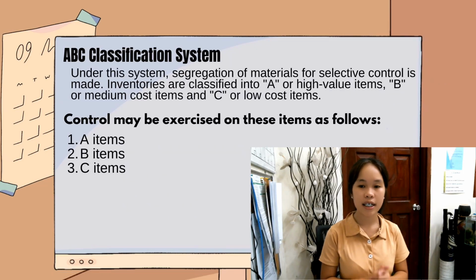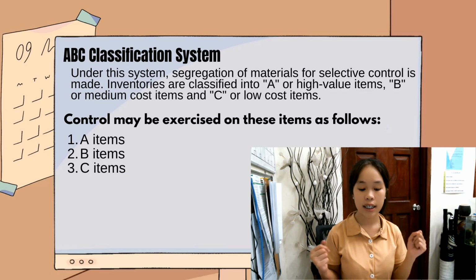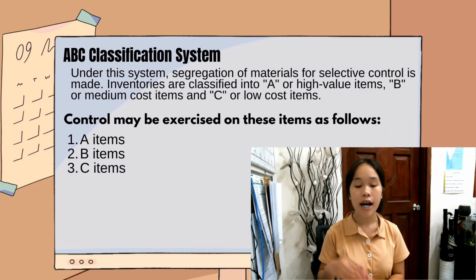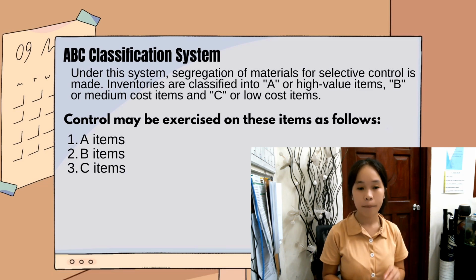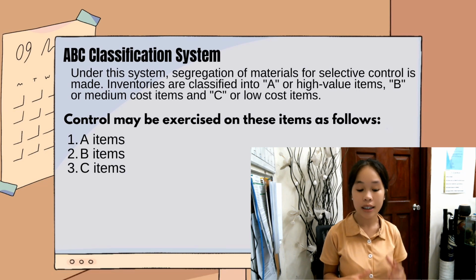Lastly is the ABC classification system. The ABC classification system is a system of segregation of materials where selective control is made. Inventories are classified into A, or higher value items, B, or medium cost items, and C, or lowest cost items. Control may be exercised on these items as follows. First is A items.